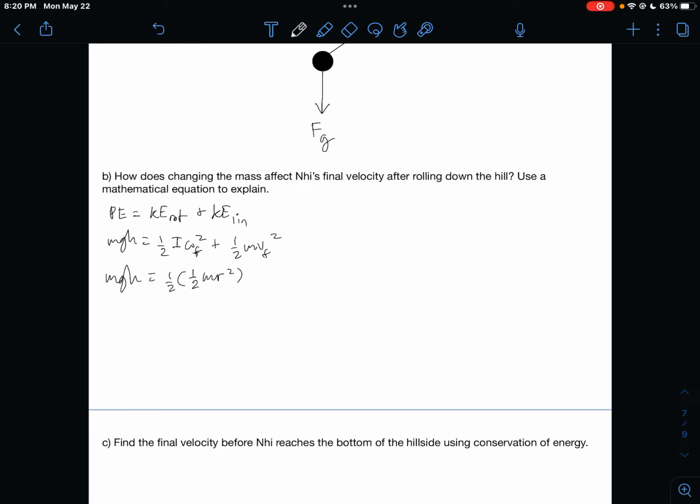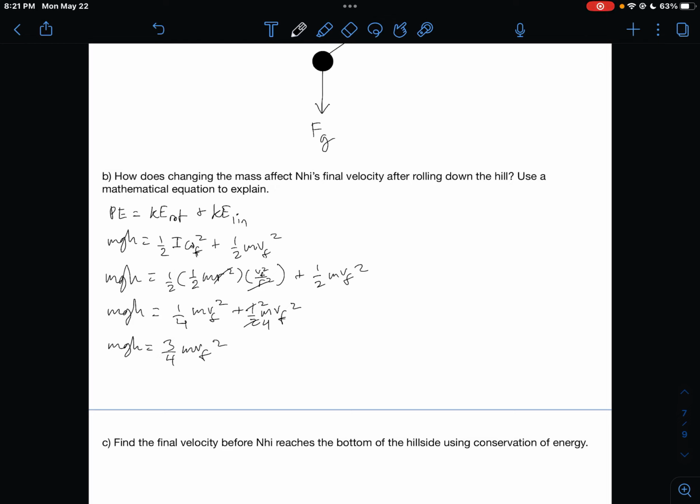And then angular velocity can be changed to v squared over r squared, and then the r's cancel out. So then that becomes a 4, a 2, mgh equals 3/4 mv squared.